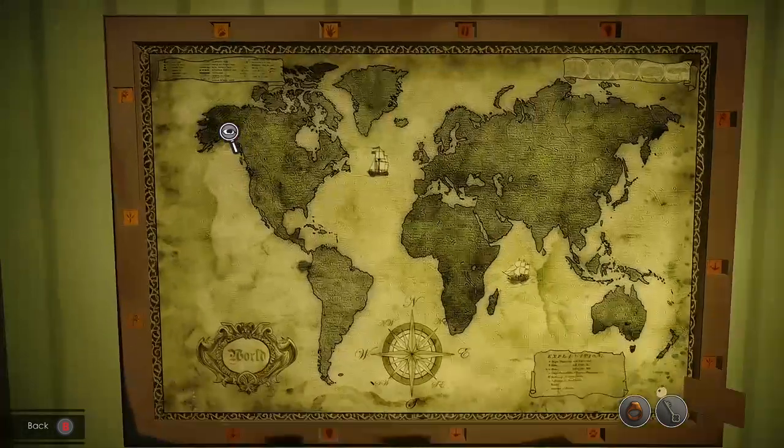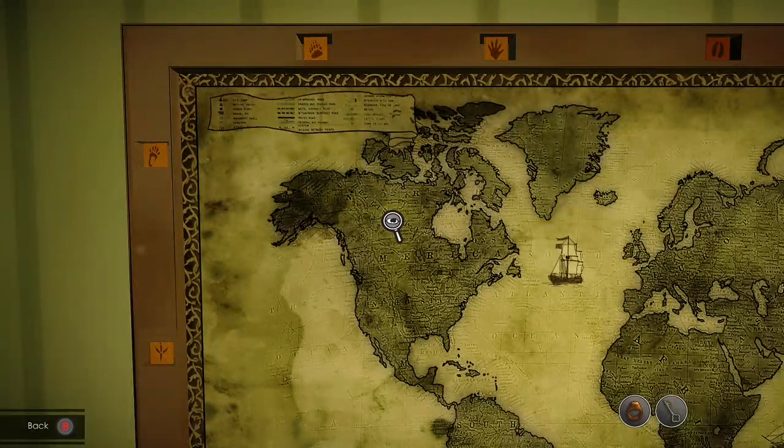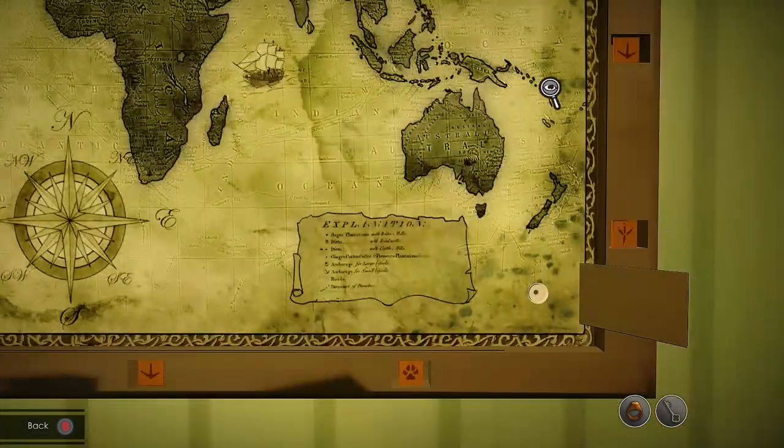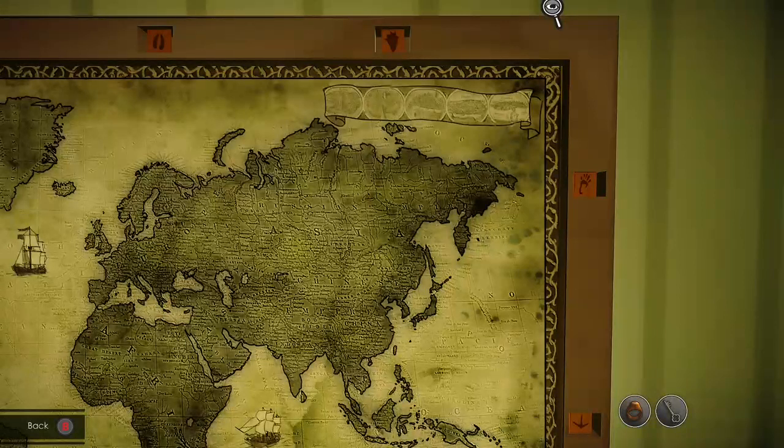Right, so Alaska would be up here. So that's there. South Africa would be over here, I think.